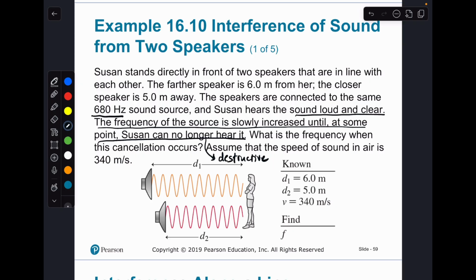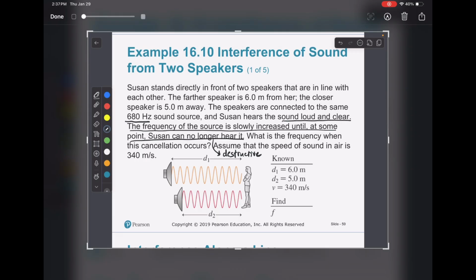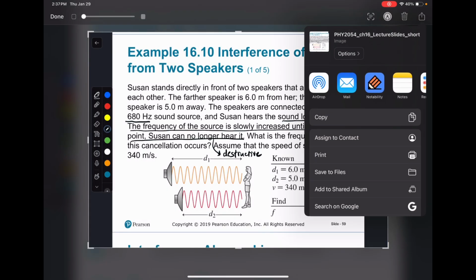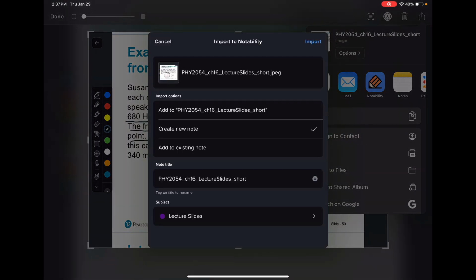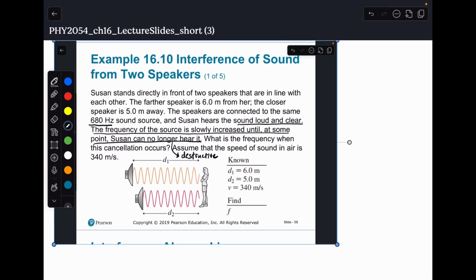The question is, what's the frequency that this cancellation occurs? And we're going to assume that the speed of sound in air is 340 meters per second. So let me copy this to another blank slide. And let's work on this.